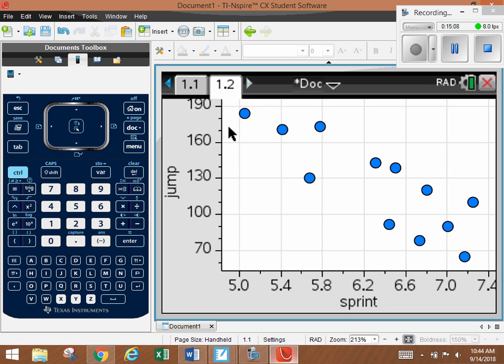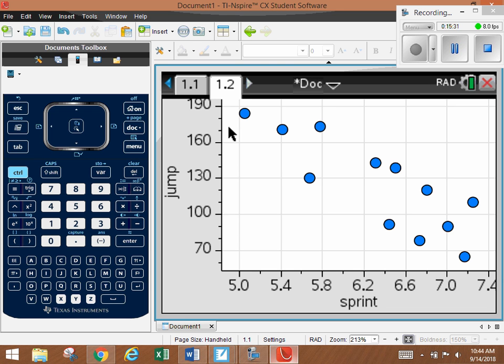All right. So there appears to be a moderately strong negative linear relationship between our explanatory variable sprint and our response variable jump. Furthermore, there don't appear to be any extreme values.